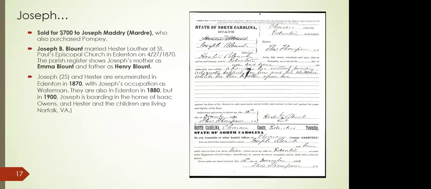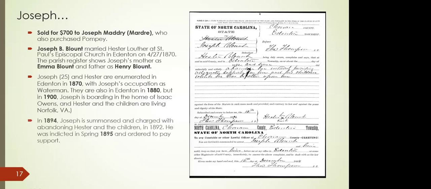All right, so what you see on the left is the same timeline that you've been looking at already. I needed to find out where Hester and the children were in 1900. Well, what you see on the right is a summons for Joseph, who is being sued by the state for threatening his wife Hester and their children, which he has begotten upon her.